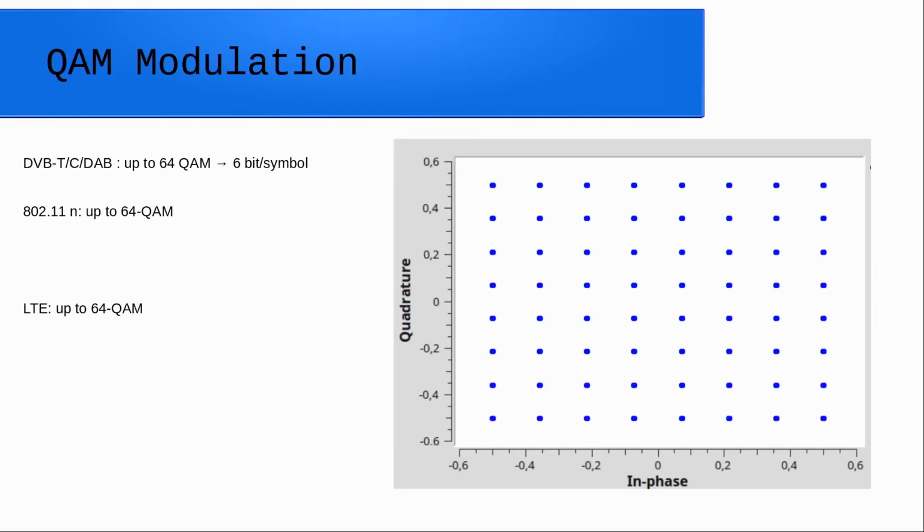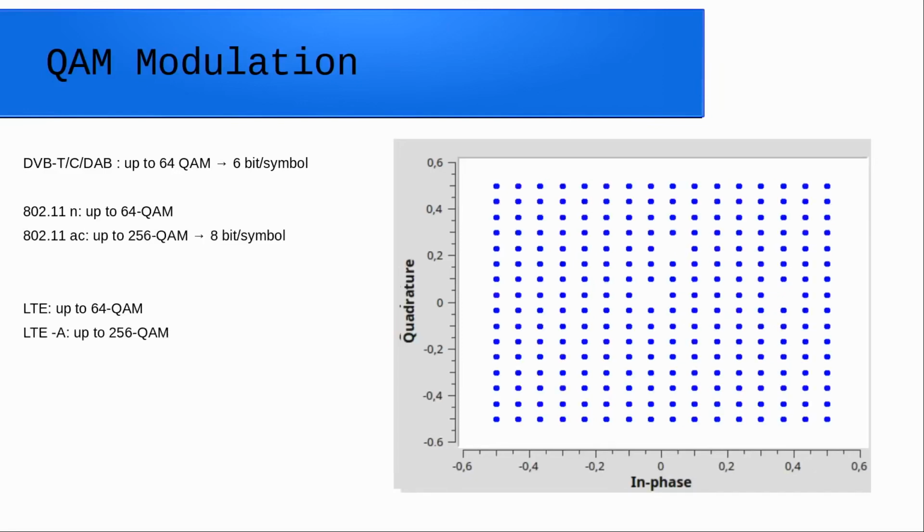This, for example, is used in DVB-T or DAB, like broadcasting systems, or in Wi-Fi 802.11n, which uses up to 64 QAM. LTE also uses up to 64 QAM. When we go farther, 802.11ac uses 256 QAM, so even more dots.